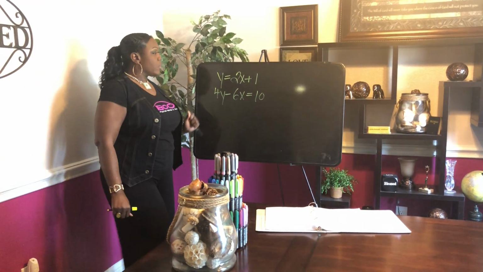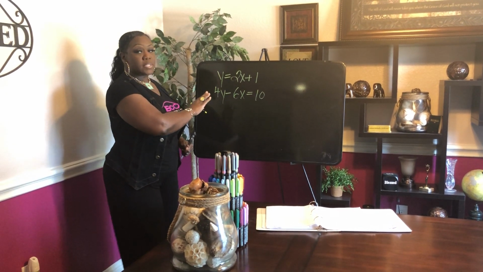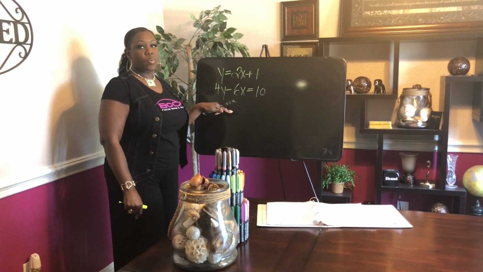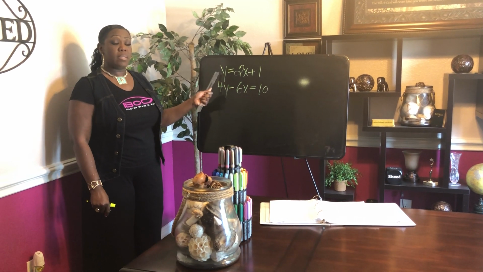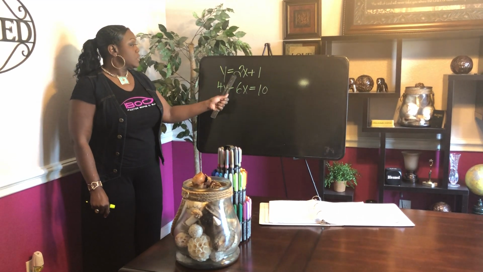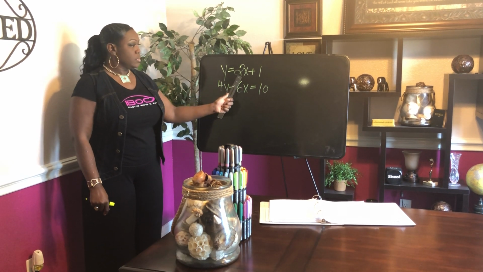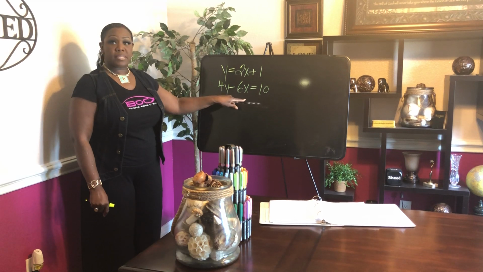For systems of equations, you have to solve one first and then substitute in order to find a solution for the second equation. In this case, since we've already been given the value of y, which is 2x plus 1, we're going to substitute 2x plus 1 for y and solve for x.